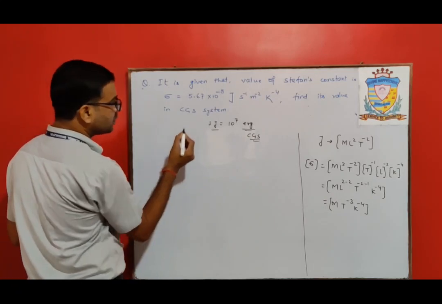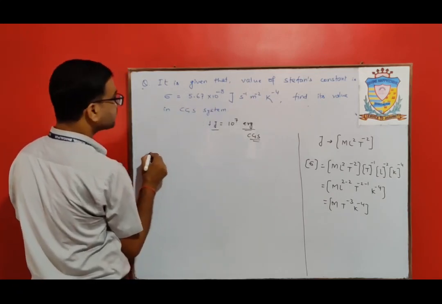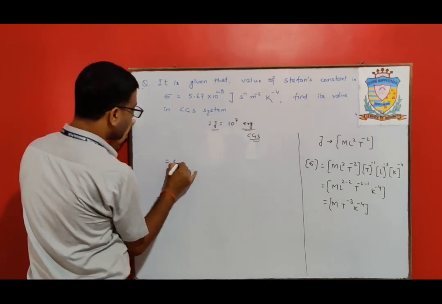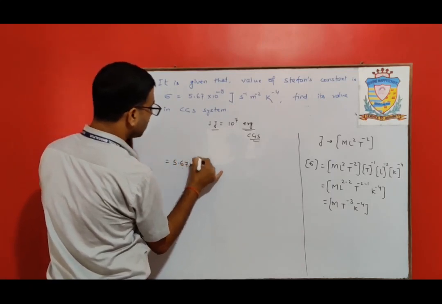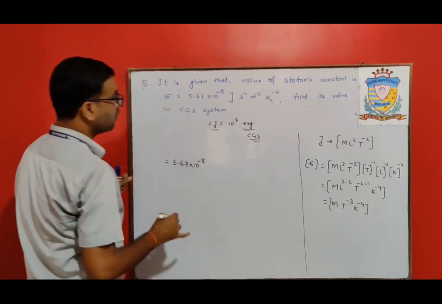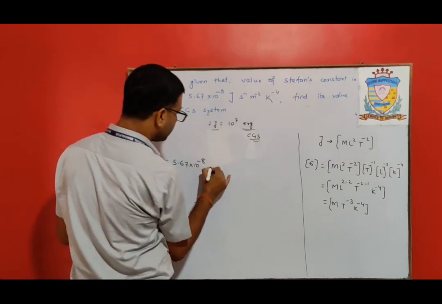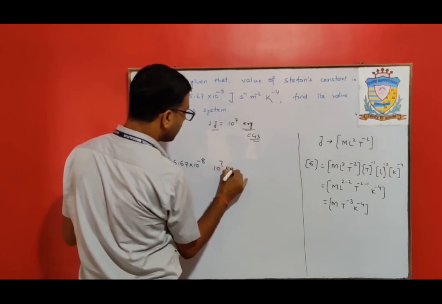So in CGS unit, this can be written as 5.67 into 10 to the power minus 8. This will remain. And for joule, we can write 10 to the power 7 erg.